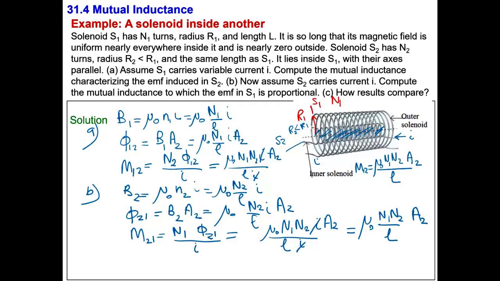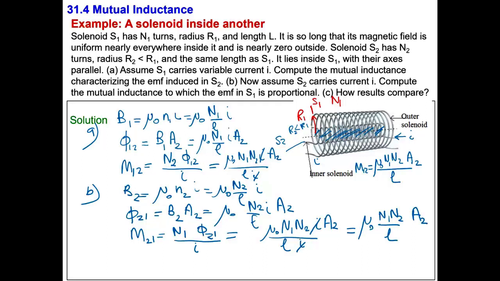When you have a current flowing through this inner coil, in a perfect solenoid, the magnetic field is uniform inside it and zero outside. When we did it the other way, with the current flowing through the outer one, the magnetic field was through this whole thing, but we are determining the flux through this one, so we also multiply by the area A2.